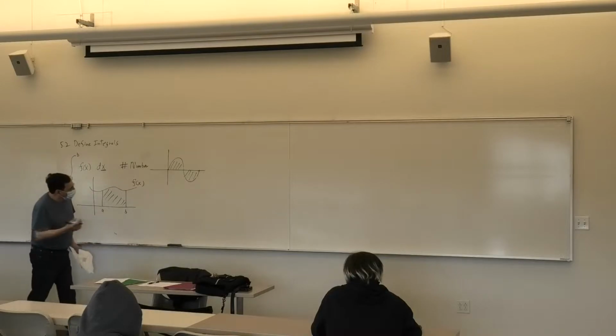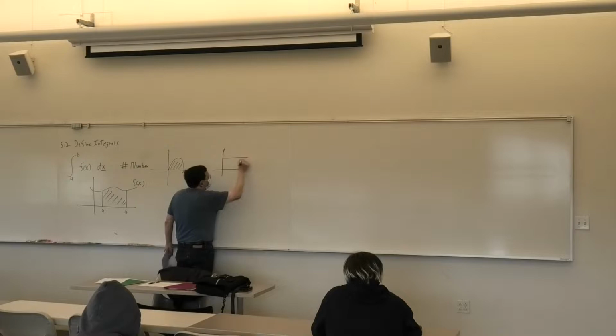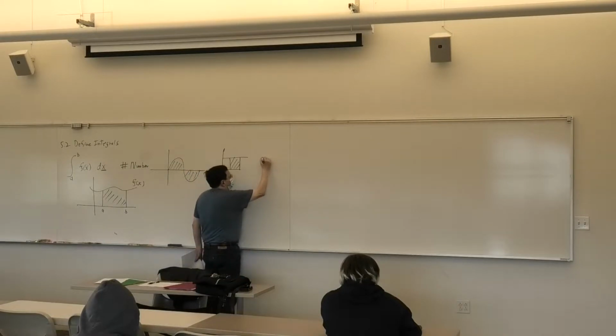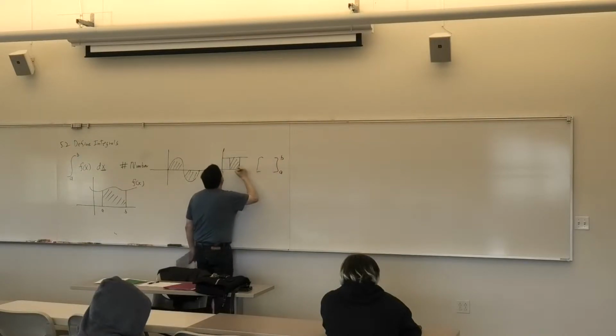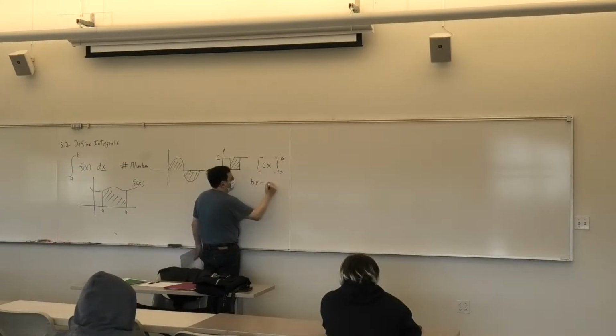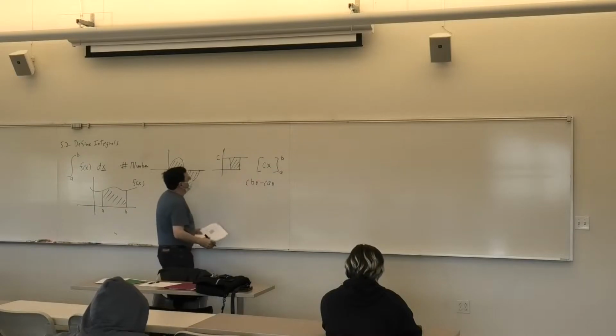And we saw a couple examples. We saw that if the function is a constant function, you get a rectangle, and the area could be expressed as c times (b minus a), that is, bcx minus acx.